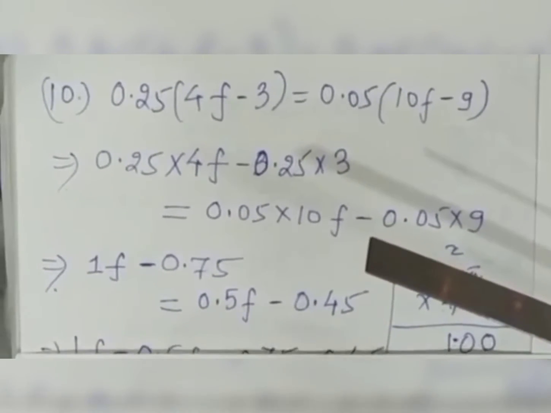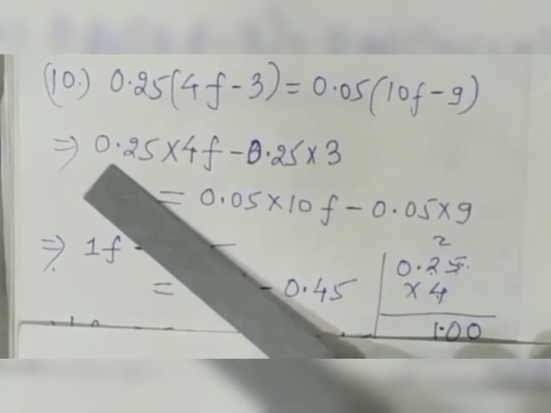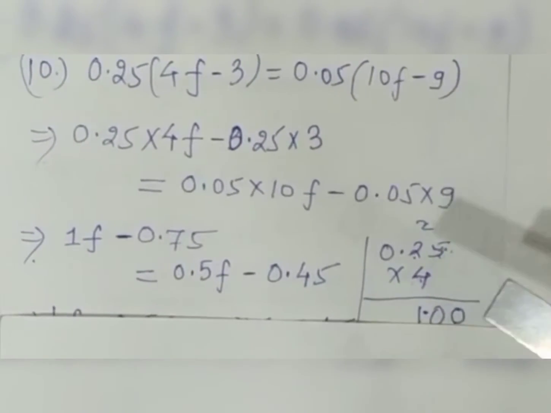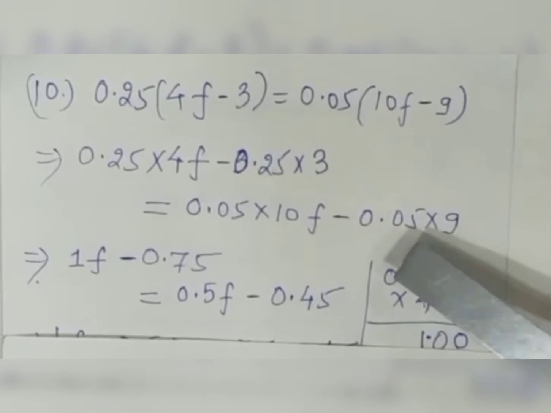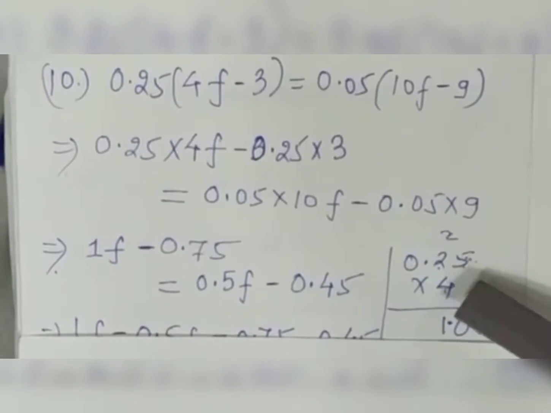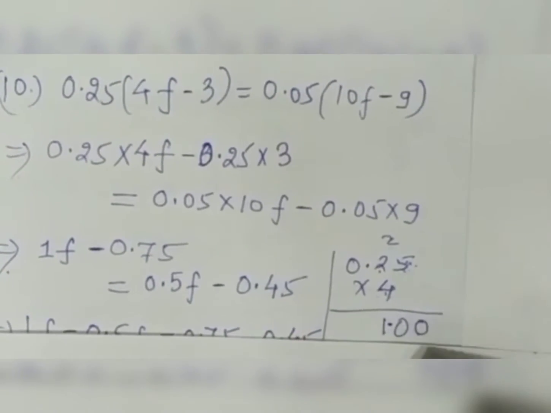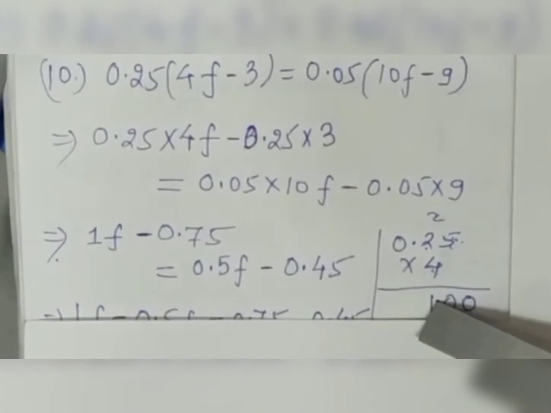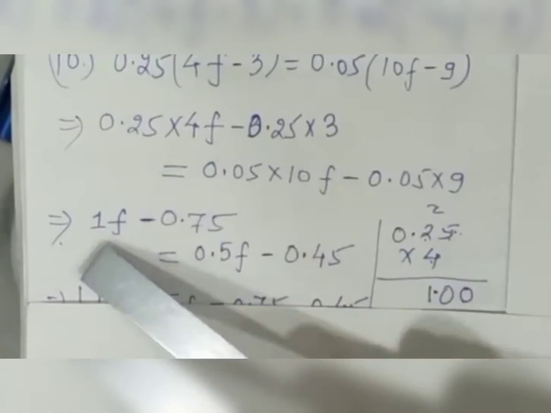Simple. Now how will we do that multiplication? We take the number 0.25 into 4 and multiply in the simple way. 4 fives are 20, 0, 2 is carry, 4 twos are 8, 2 plus 8 is 10. Then how many digits after the decimal? 1 and 2. Now we place the decimal from the right hand side, so our multiplication becomes 1.